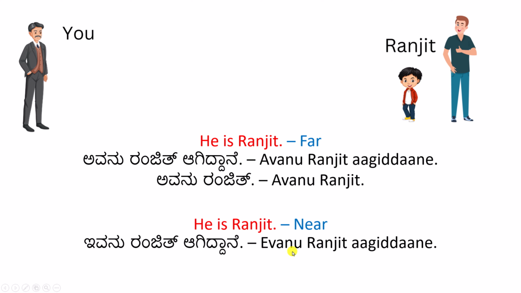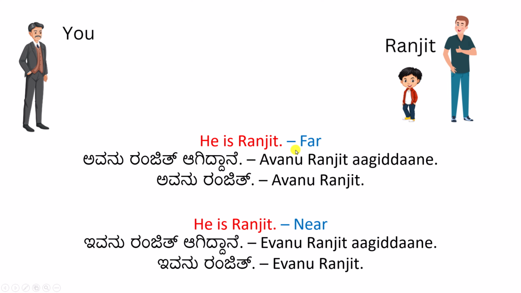And we have selected Ivanu because Ranjit is near to you. Alright. Now, we leave out the word for is and say it like this. Ivanu Ranjit. Alright.